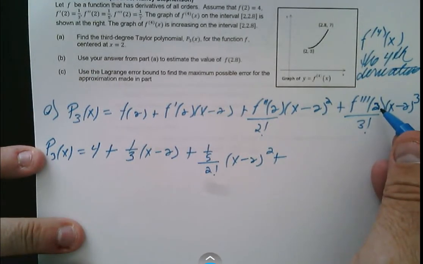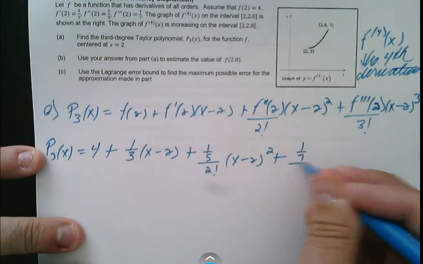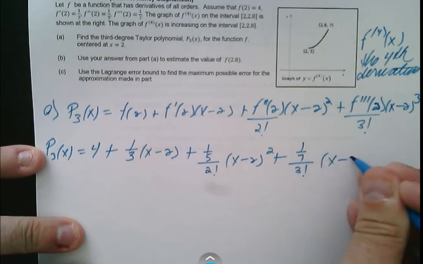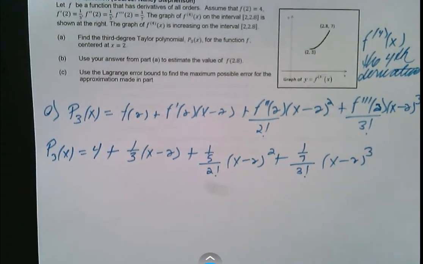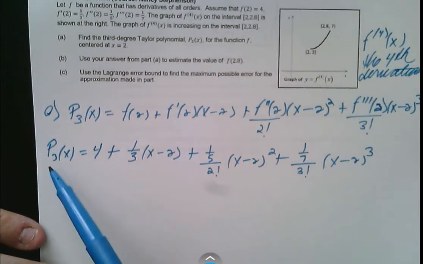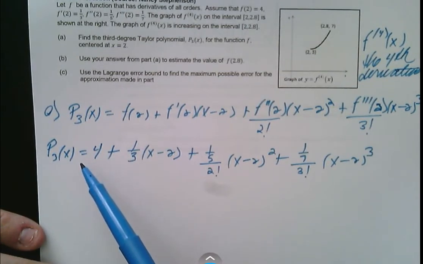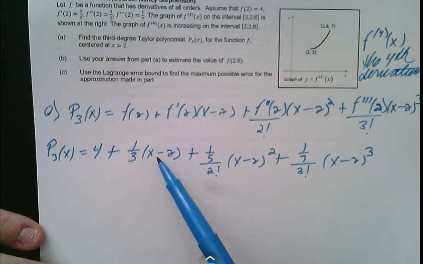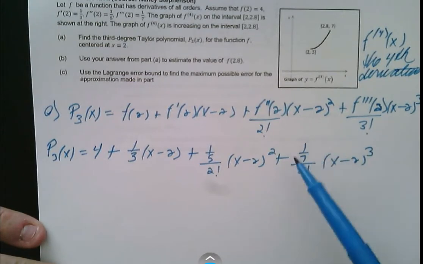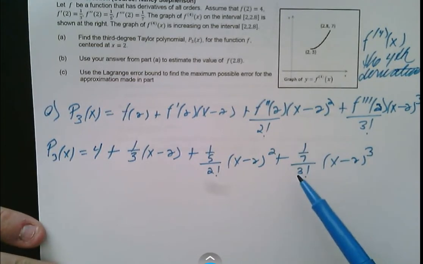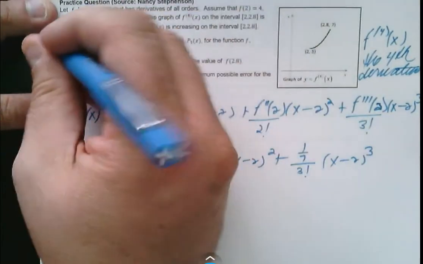F triple prime of 2 is 1/7 divided by 3 factorial, times x minus 2 to the third. And that's it. That's all we needed to do with this one. That's our degree 3 Taylor polynomial for the function f centered at x equals 2, and we're going to resist the temptation to simplify things like 1/7 divided by 3 factorial.